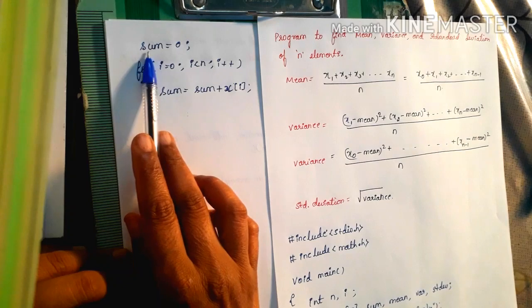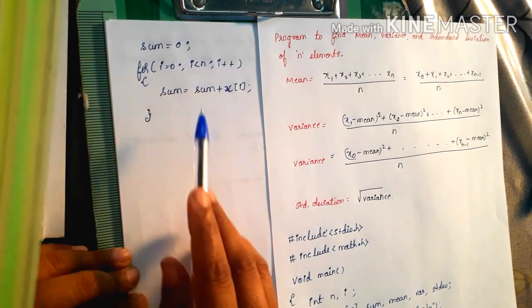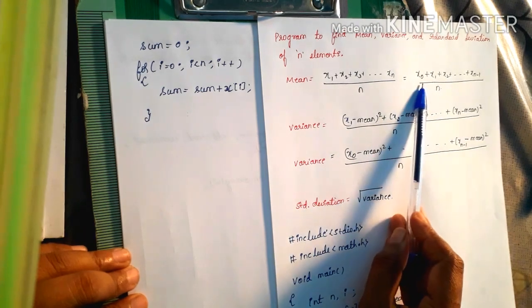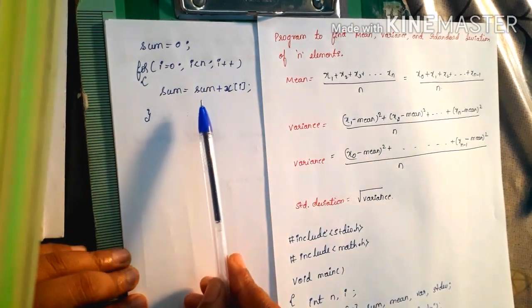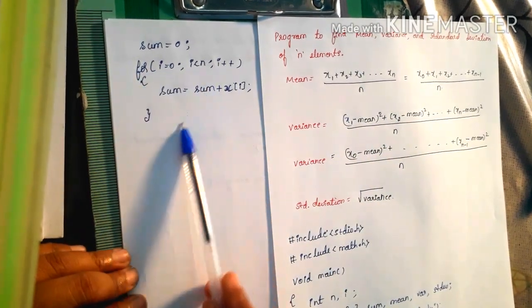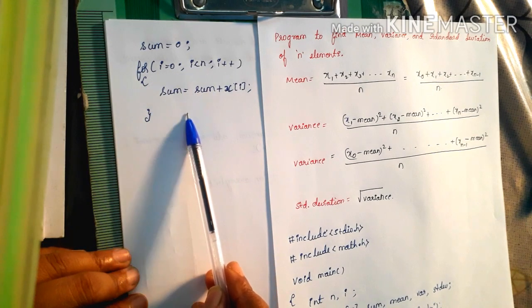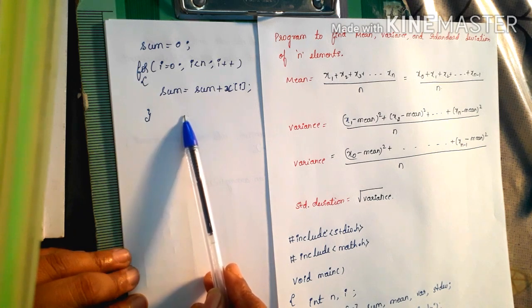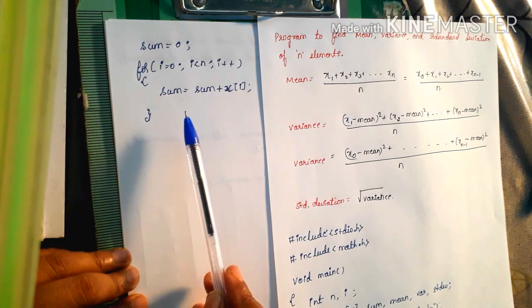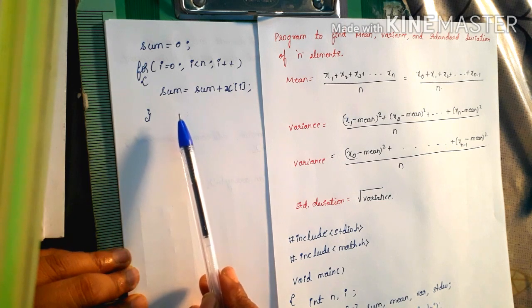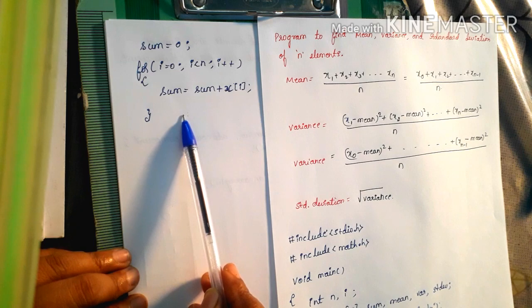First, initialize the variable sum by the value 0. Then find sum of all the elements of the array. To find sum of all the elements of the array, I have used this for loop structure. To know how to find the sum of the elements of the array, refer my previous YouTube video, program to find sum of the elements of the array and also the average of the elements of the given array.